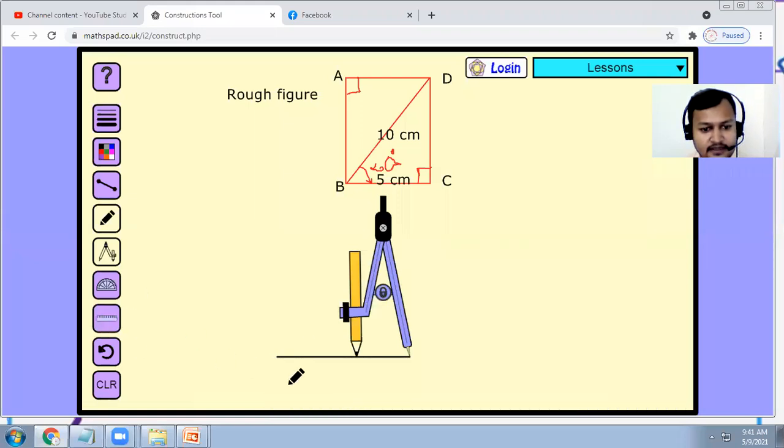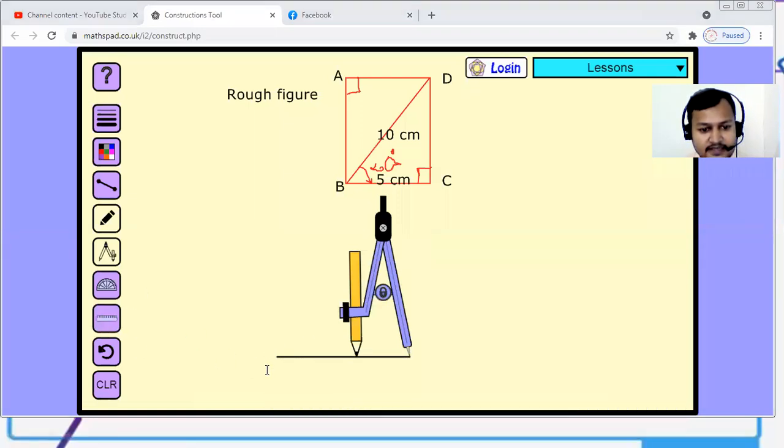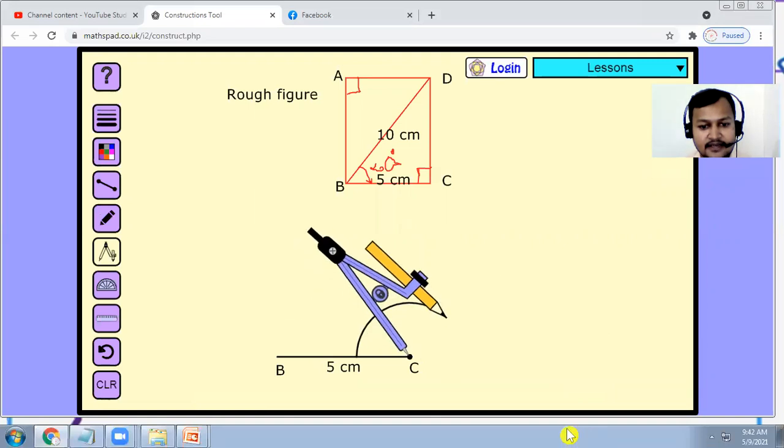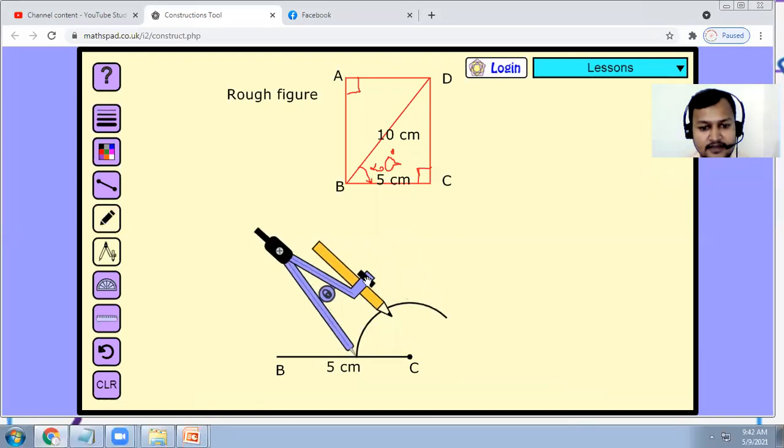After drawing a line segment BC of length 5 centimeter, now we are drawing angle of 90 degree at one end of this BC line segment.